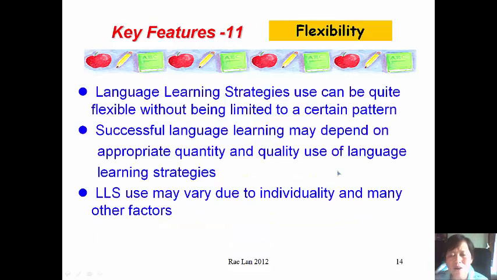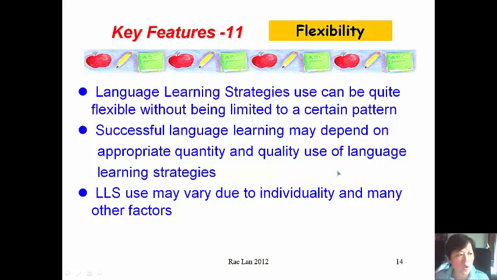Now we are about to come to the end of the 12 features. Feature number 11, language learning strategies involve a certain degree of flexibility. In other words, when learners deal with different language tasks to achieve different purposes, they would apply different strategies.